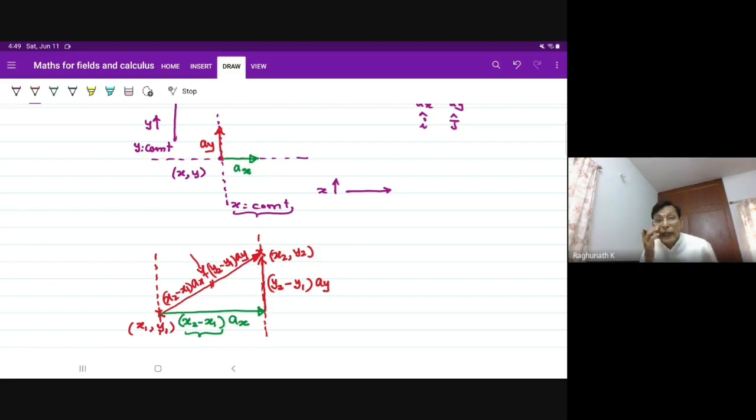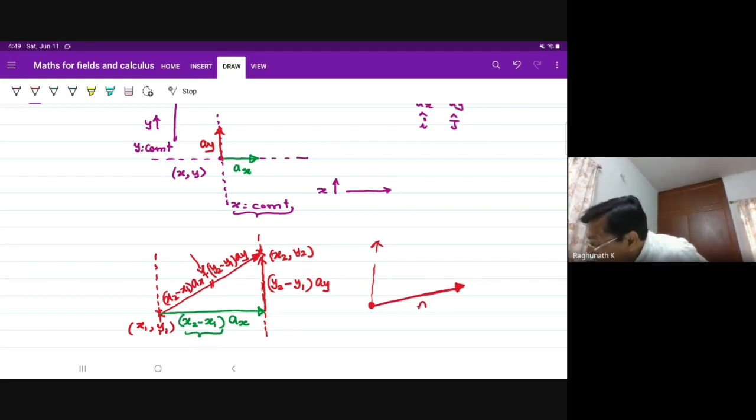Whenever I want to determine the resultant of two vectors, let us say this is the vector A and this is the vector B. The resultant of two vectors is calculated as what? Start at the initial point. Go to the terminal point of vector A bar. Then from A bar, draw the vector B bar parallel to it.